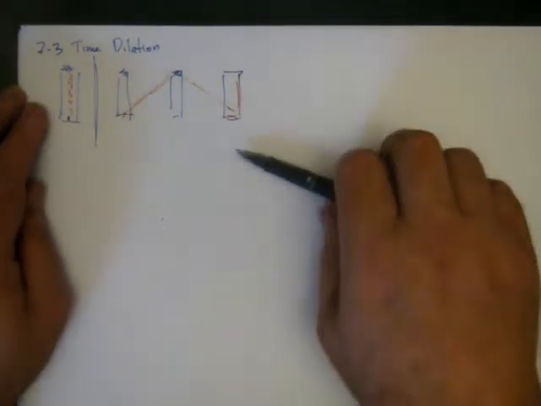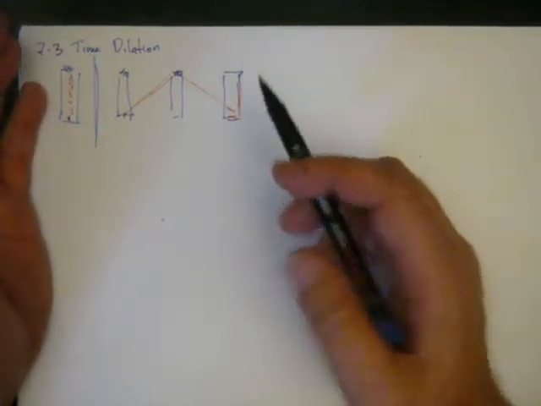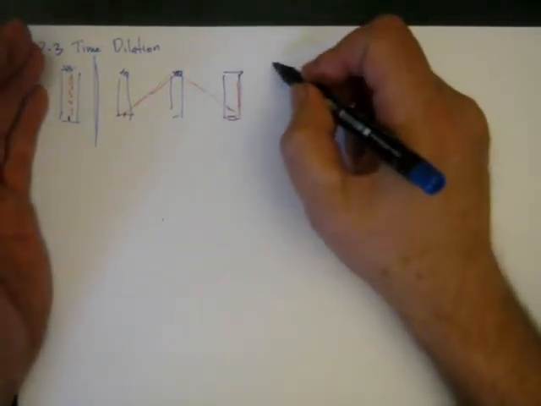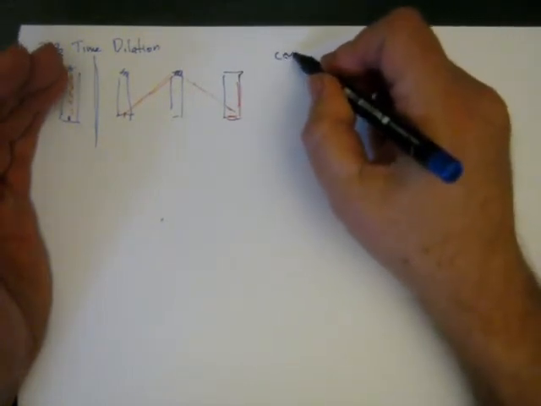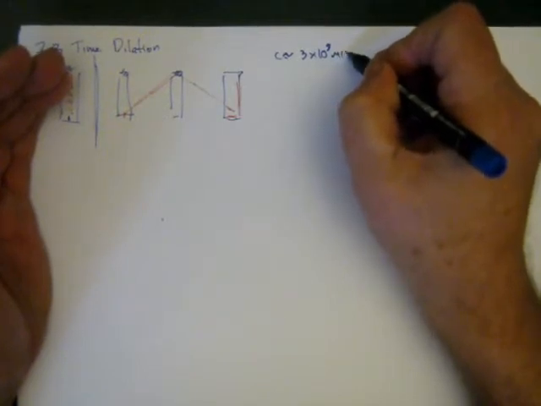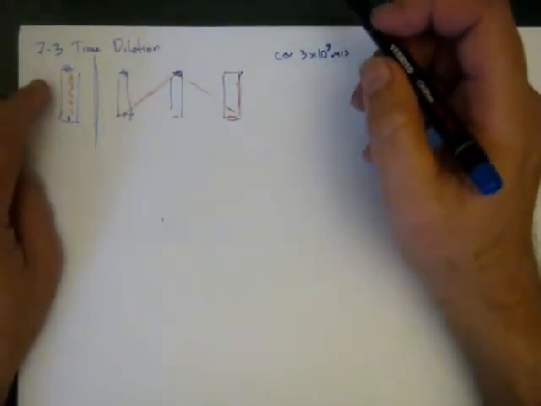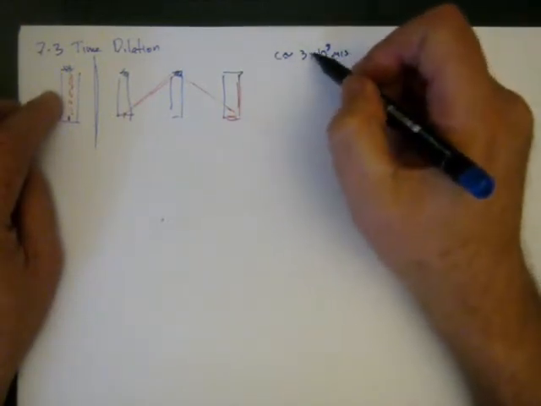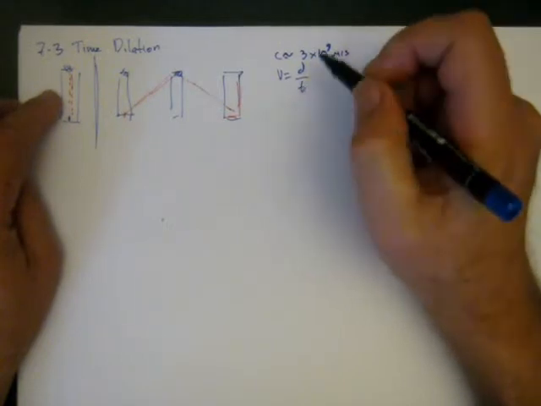But remember, what we've said is the speed of light is constant. So c equals approximately 3 times 10 to the 8 meters per second. But here's the concept. What's the velocity? Velocity is equal to distance over time.